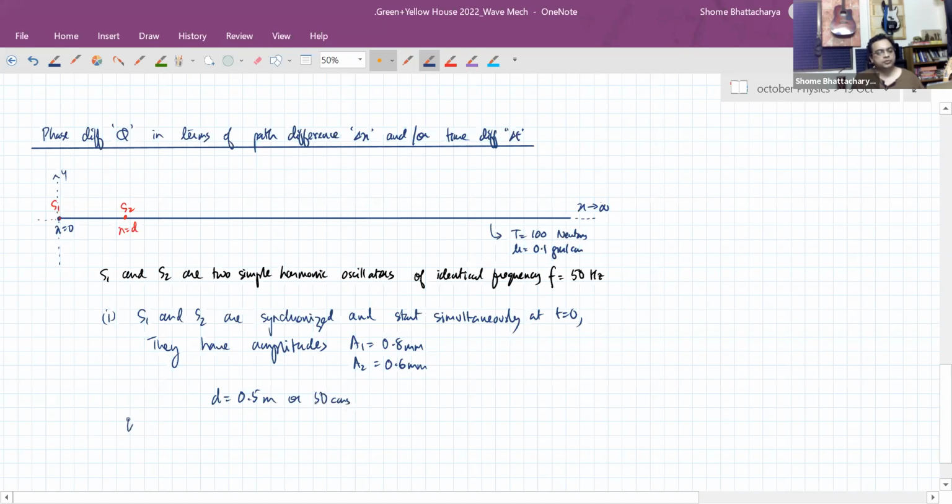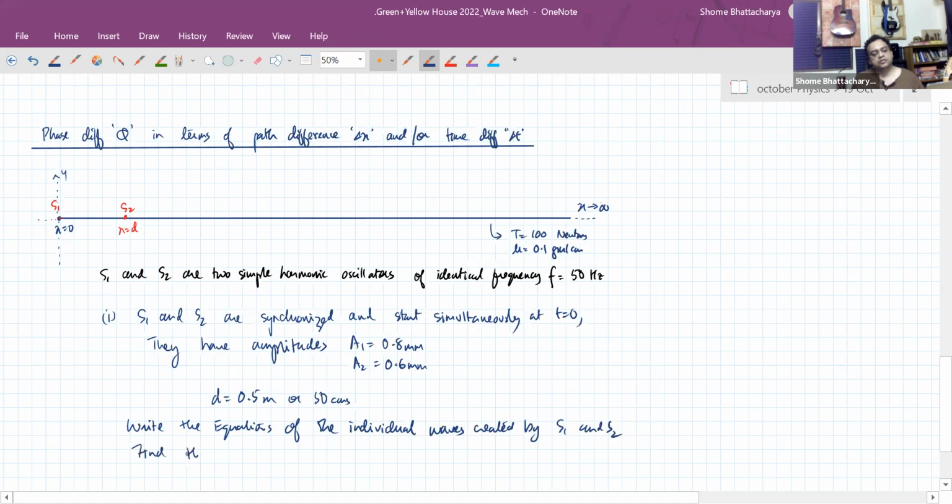So what we want to do is write the equations of the individual waves created by S1 and S2.